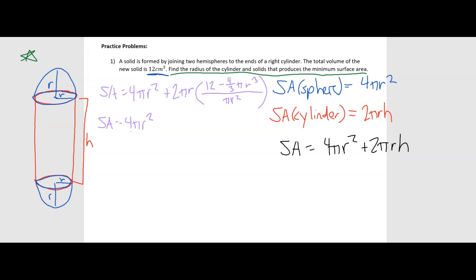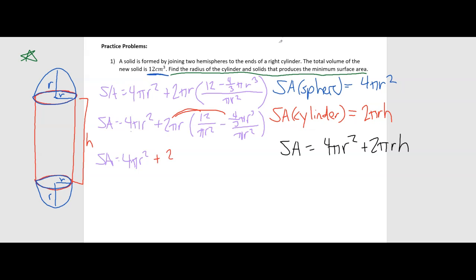I'm actually going to break apart my quotient here. So I get 12 over pi r squared minus 4/3 pi r cubed over pi r squared. Of course, a couple different ways you could do this. I'm going to then distribute my 2 pi r to both terms.